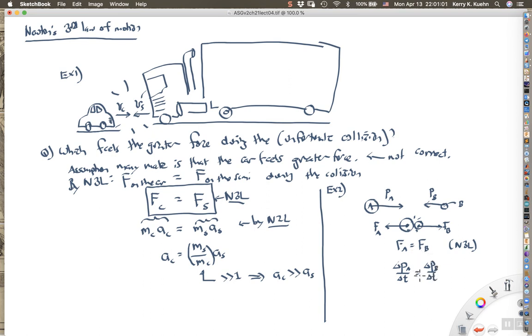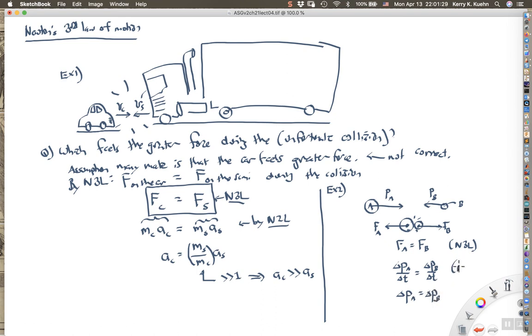So while they're in contact for some very tiny time interval delta t, they both suffer a change in their momentum. And of course, the time during which force A is applied to ball A and force B is applied to ball B are the same time intervals, delta t. So these are the same on both sides. So I'm going to cancel these out and just write the change in momentum of ball A is equal to the change in momentum of ball B.